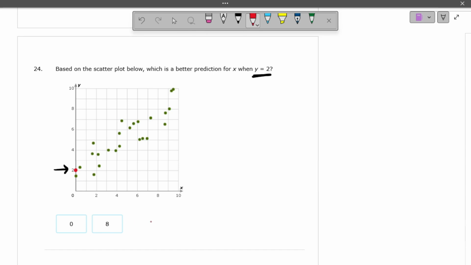Or would 8 be better, over here? We're just picking which one fits in better with the trend of the scatter plot, and that would be 0. 0 is a much better fit for this scatter plot than 8 would be.